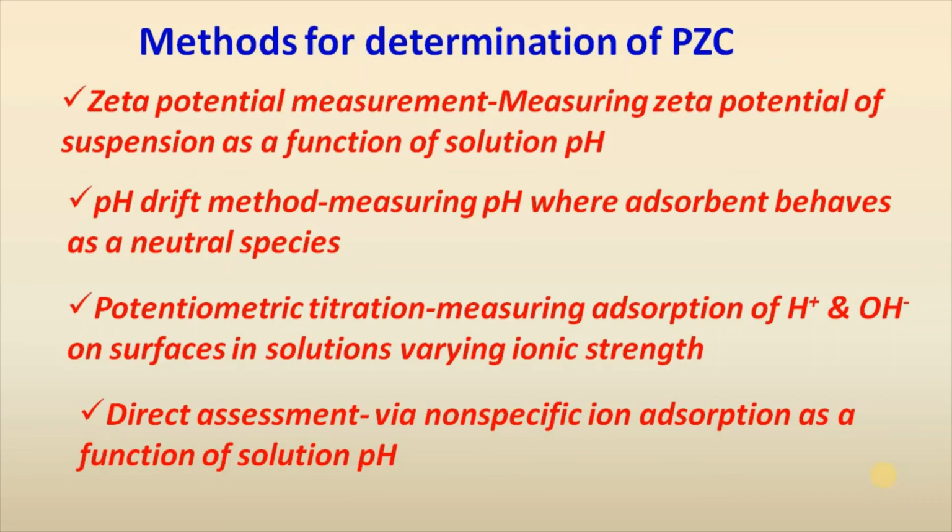Involves measuring adsorption of hydrogen ion and hydroxyl ion on surfaces in solutions varying ionic strength. The final one is direct assessment. Involves non-specific ion adsorption as a function of solution pH.